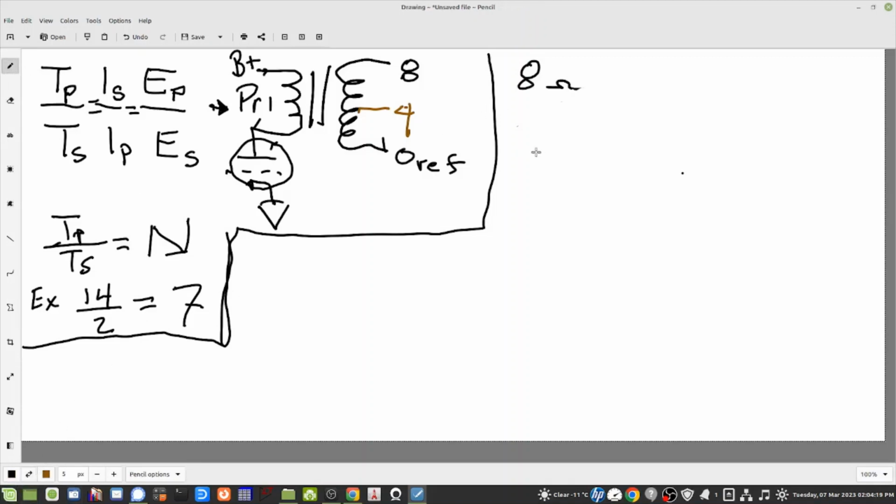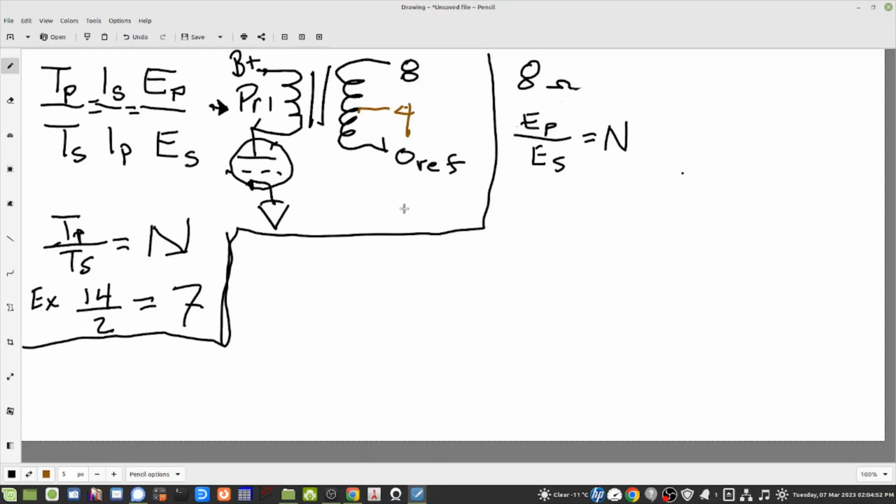Alrighty. 8 ohms. So we put in the equation: EP over ES, voltage in the primary over the voltage in the secondary, equals N, the turns ratio, because TP over TS is the turns ratio, and so that N equals either IS over IP or EP over ES.